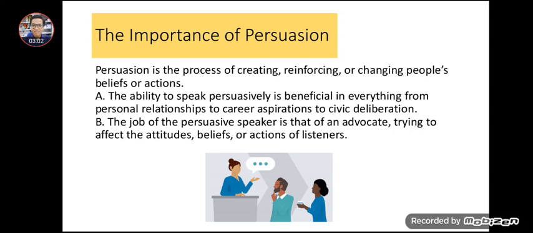So, persuasive speech is so important because, apart from giving information, you also can persuade them to believe and then change any particular actions.